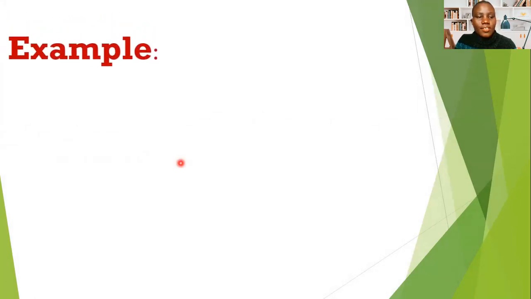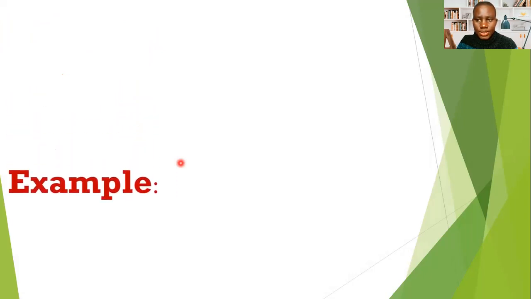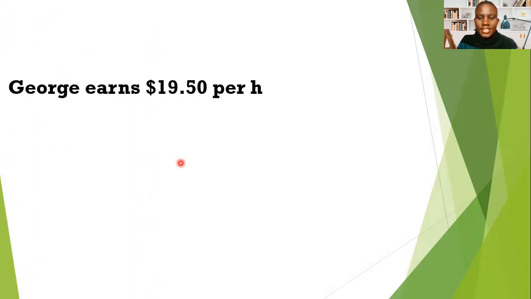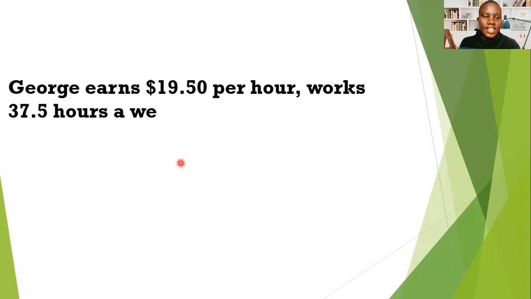Now let's look at the example of how much someone gets when they work weekly. George earns $19.50 per hour and works 37.5 hours a week and is paid weekly.